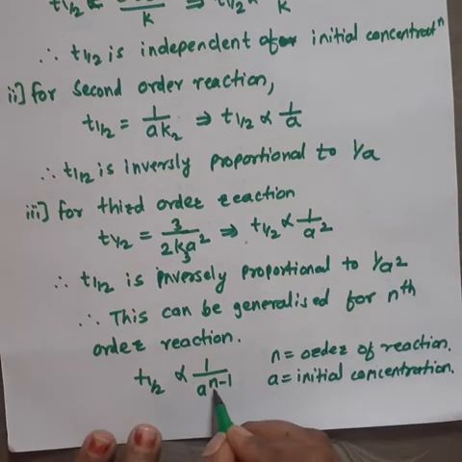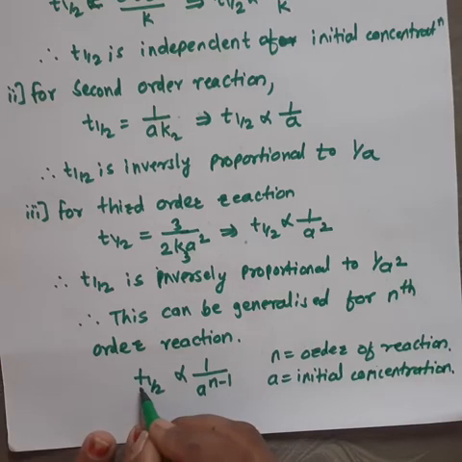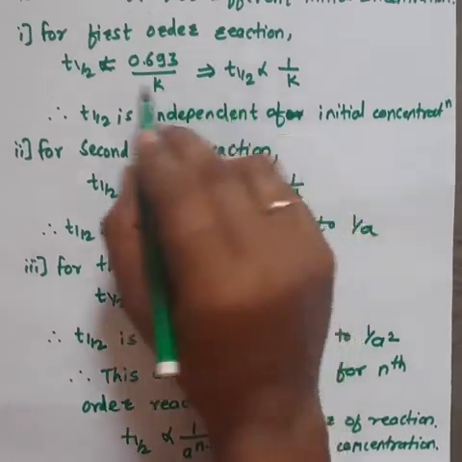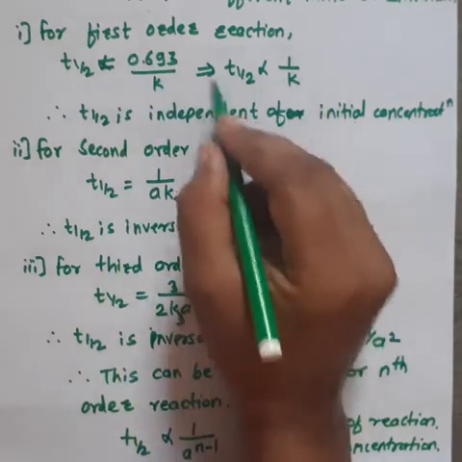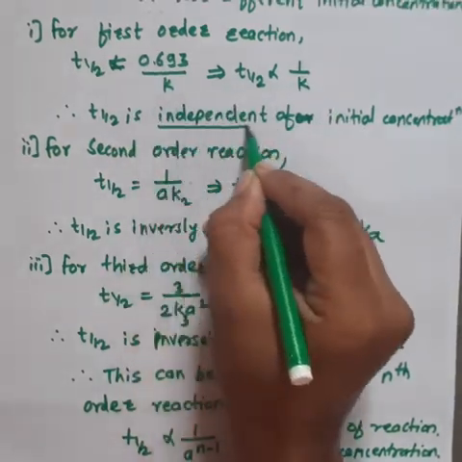If we put 1 for a first order reaction, then 1 minus 1 becomes 0, meaning T half for the first order reaction is independent of initial concentration.